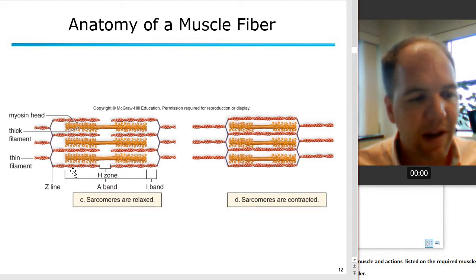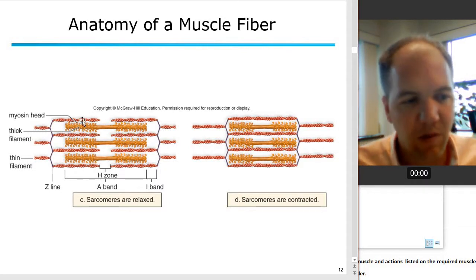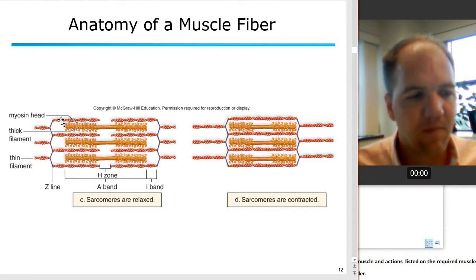The dark bands are caused by the areas where the actin and myosin are overlapping with each other. It looks darker under the microscope just because there's more protein there. And the light bands are caused by the areas where all that is there is actin.